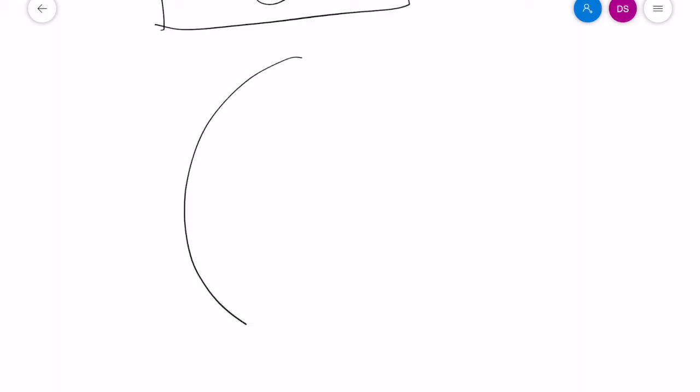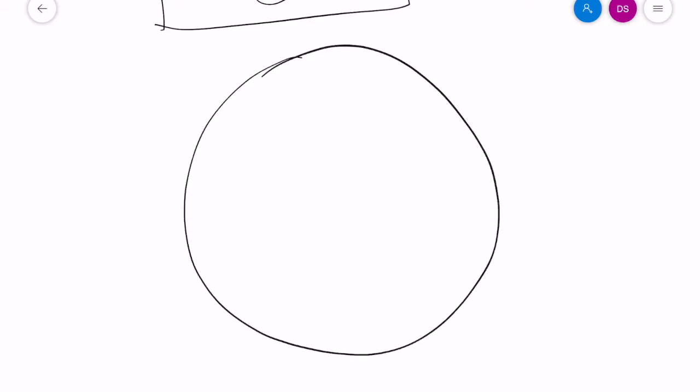You draw a larger wheel, and there is a region of magnetic field right here in this blue circle. All right, so this wheel is rotating, let's say, counterclockwise.